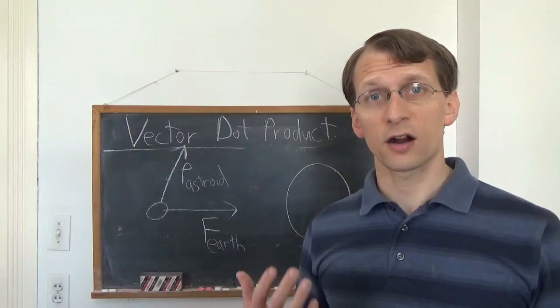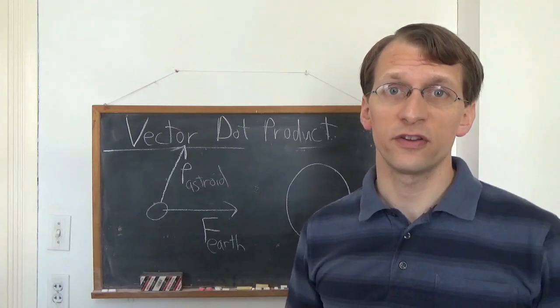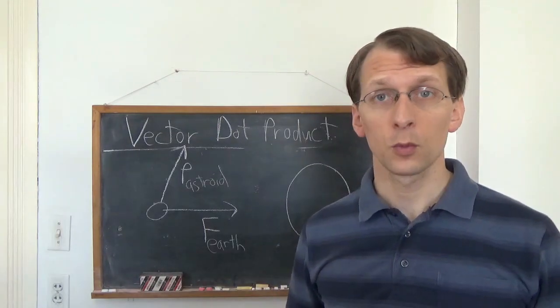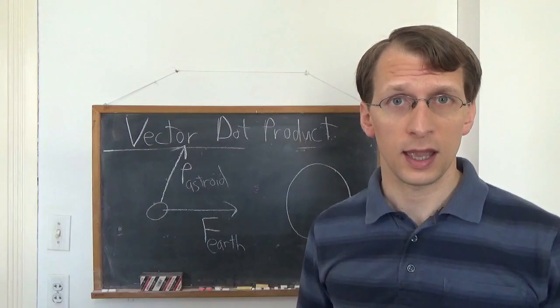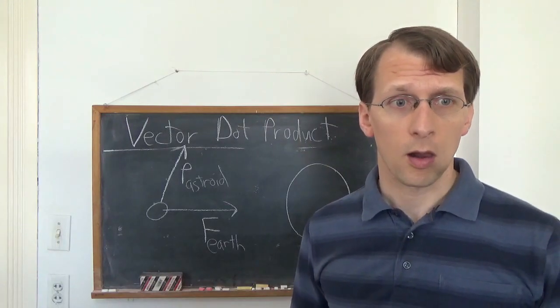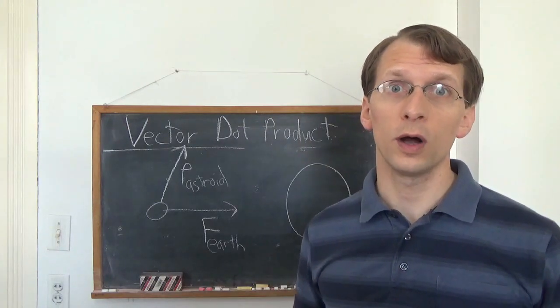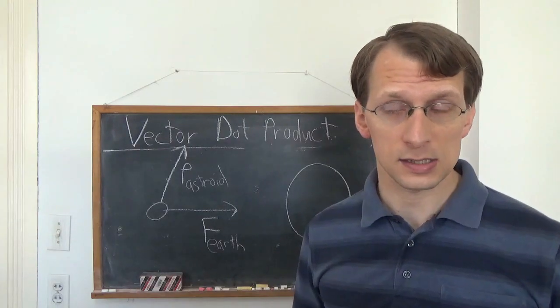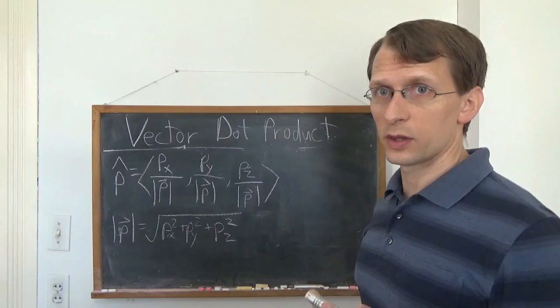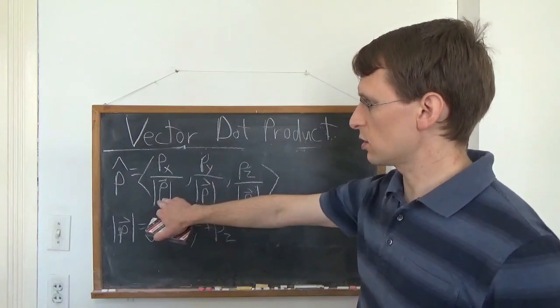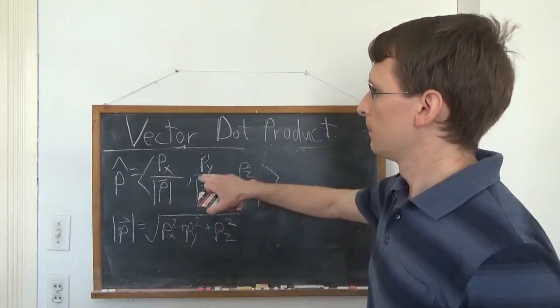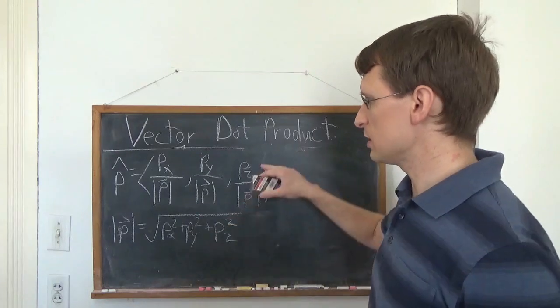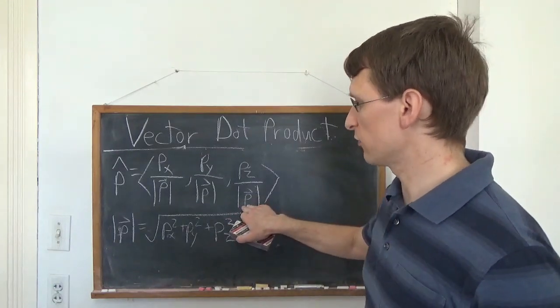So with this, our first task is going to be to figure out what p hat is. We're given the full momentum as a vector, but we need to find out what the unit vector in the direction of momentum is. So looking at the formulas here with p hat, we have px over the magnitude of p, py over the magnitude of p, and pz over the magnitude of p.